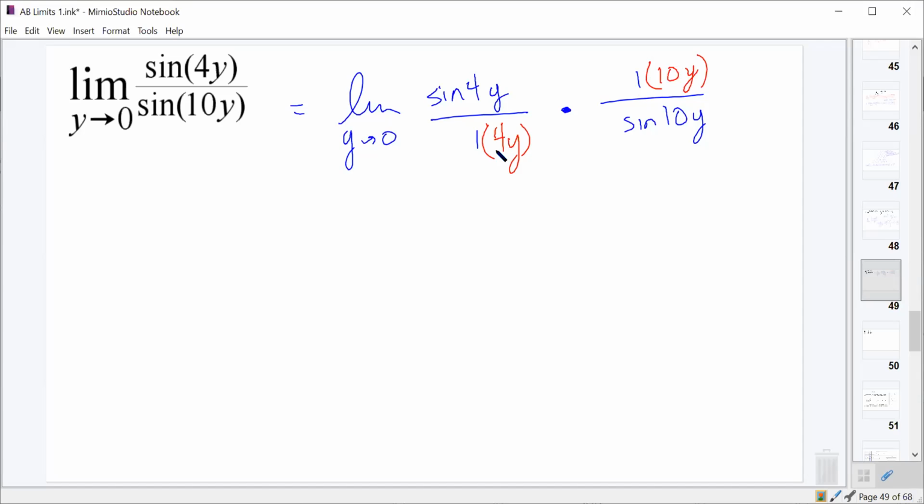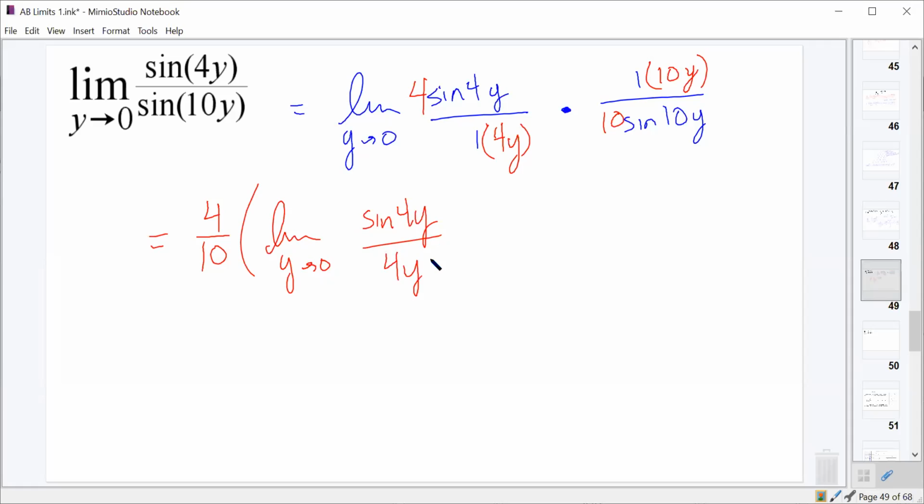Well, those don't quite cancel out, right? The y's are good, but the 10 and the 4 are not. So I also need a 10 down here and a 4 up here. Everybody agree with that? Yep. And then we'll just take those extra 4/10 out, which we'll reduce in a second. And now we will turn it into the two different limits that you wanted it to be, now that we've built in easy limits to solve.